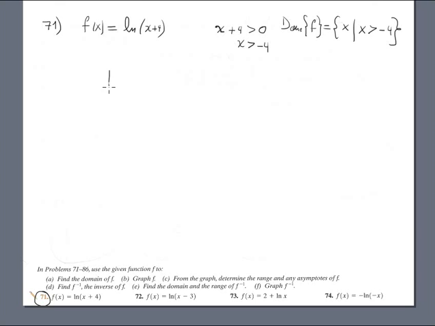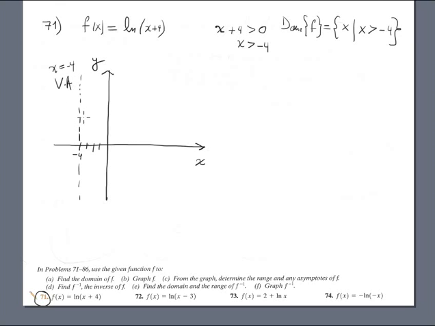The graph is, look, x and y. We have one vertical asymptote at -4: -1, -2, -3, -4. At -4 we have a vertical asymptote, and the asymptote is x equals -4. Now a typical point.